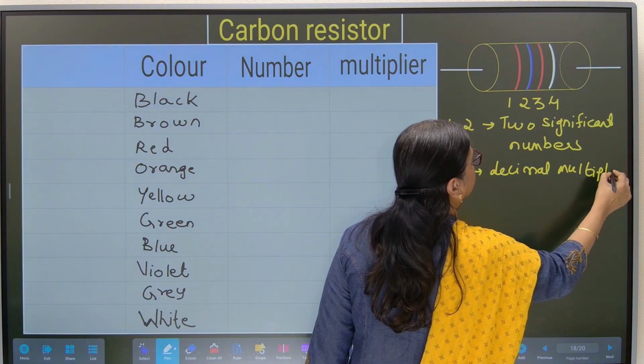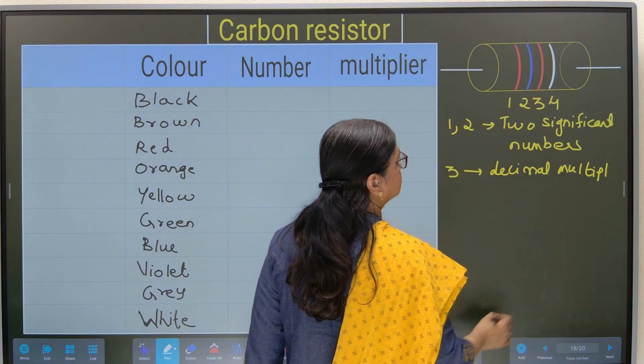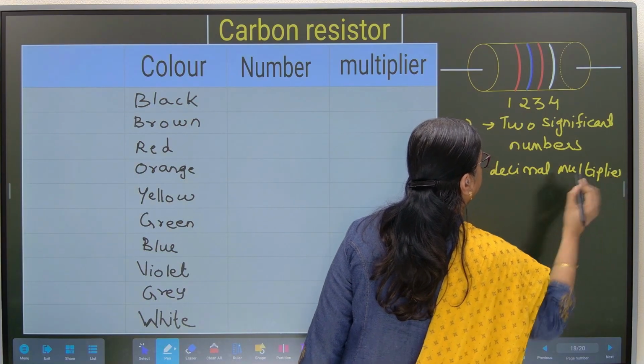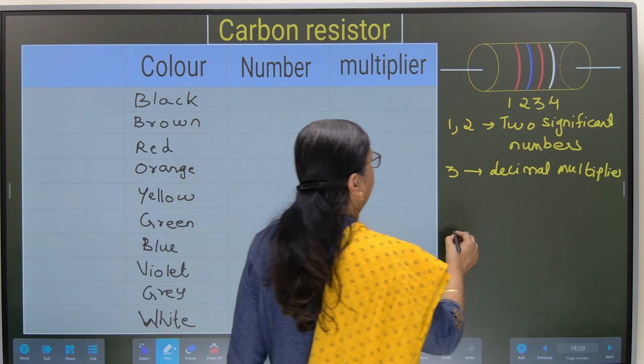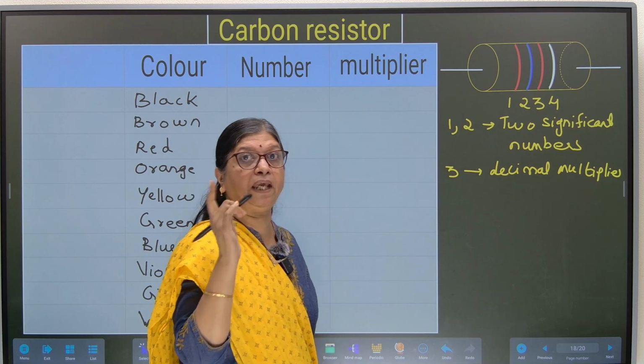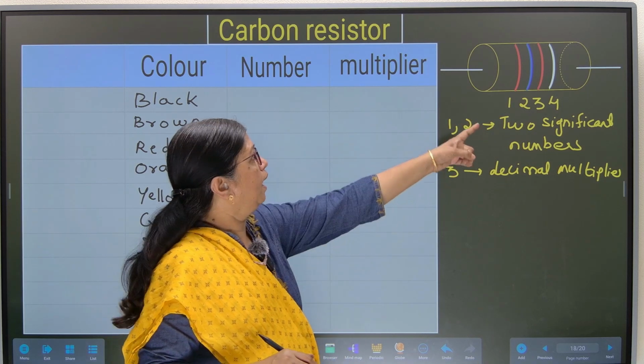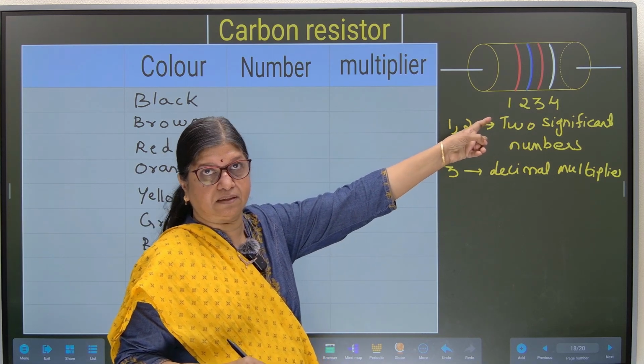As I said, this type of resistor is used for high resistance. And band number 4 may or may not be there on this resistor. Fine.